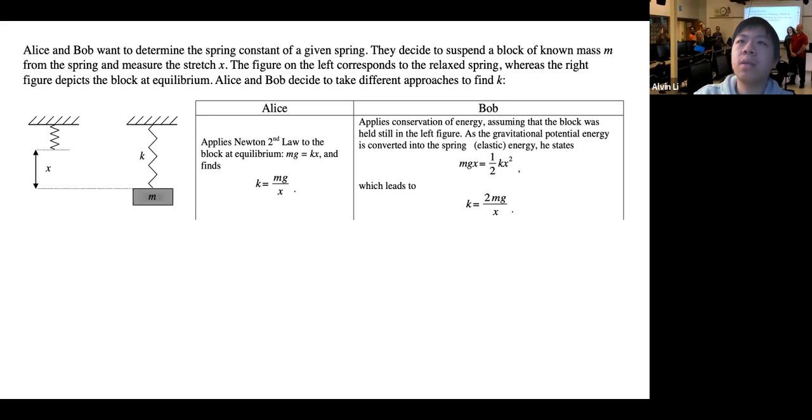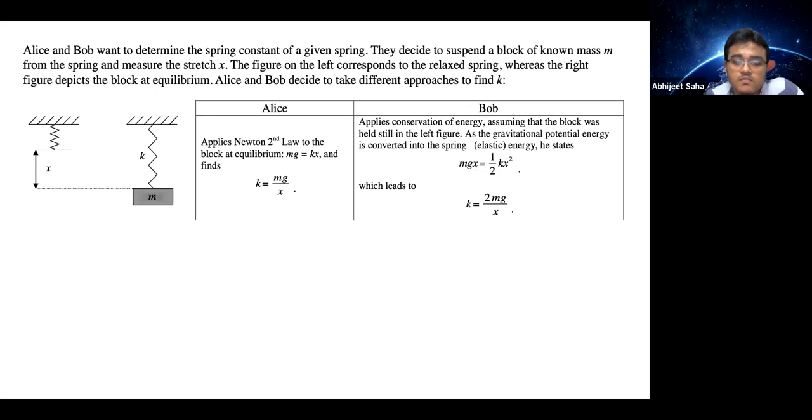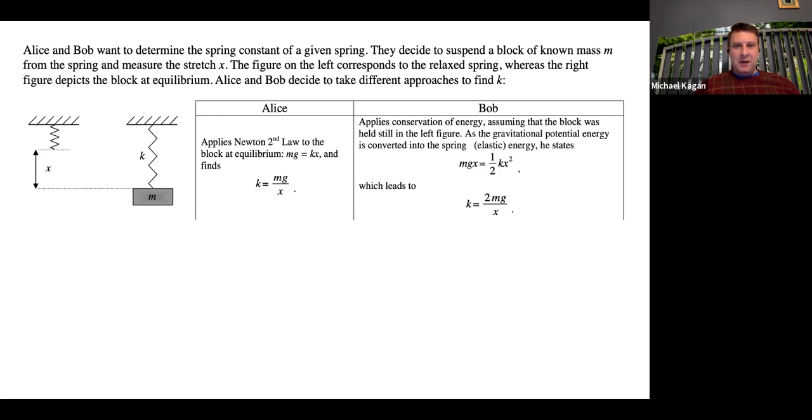So what's your take on this? I don't know. Do you have a gut feeling as to who is correct?